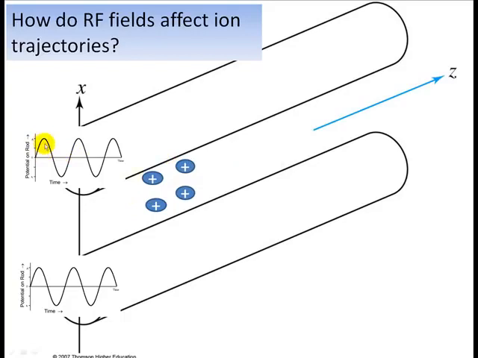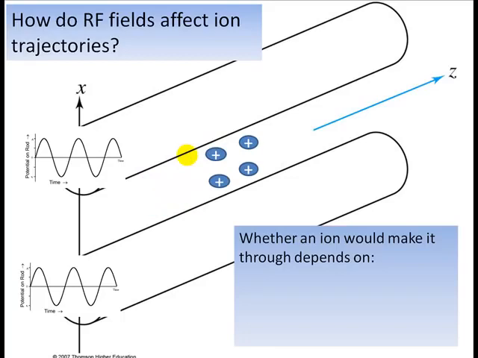Actually, the times that the voltage is positive are not necessarily a problem for the ions in terms of whether or not they make it through the other end. They would just be repelled. But it would be a problem when the voltages are negative, and the ions are attracted to the rods. If they accelerate enough that they hit the rods, they're just going to crash there, and they will never make it through.